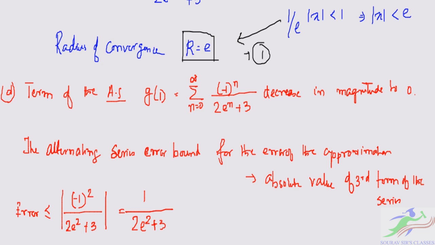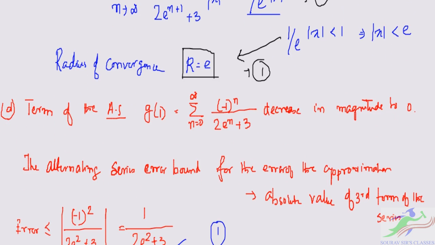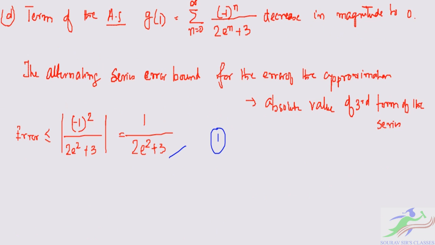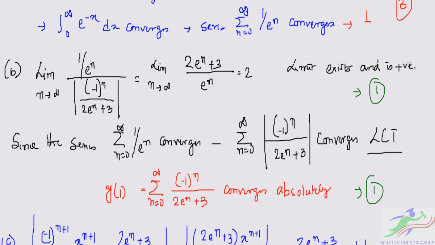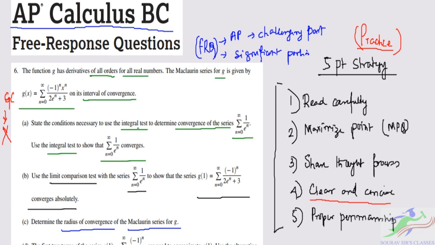So that is the response for what you have to find for part D, and this comprises the total 1 point. So this is the answer for part D, 1 by 2e^2 + 3, and this solves question 6 for this AP Calculus piece.